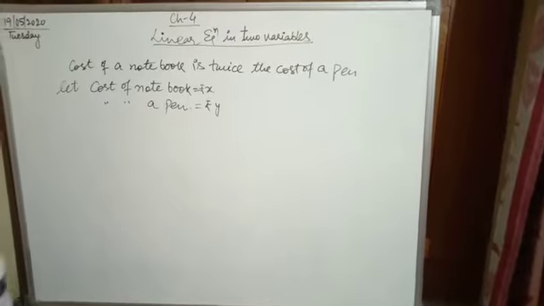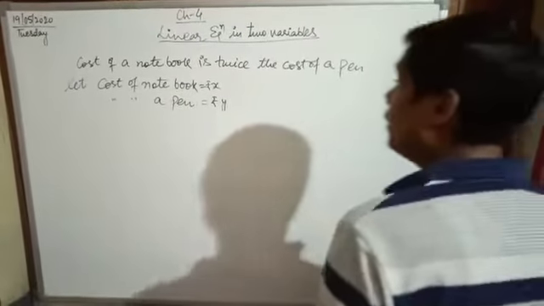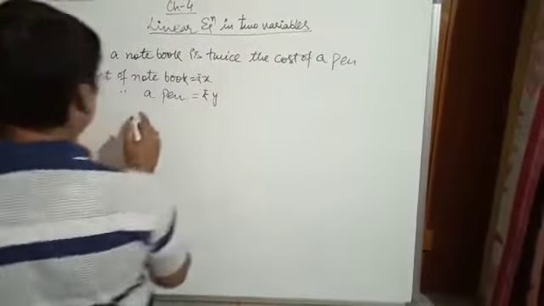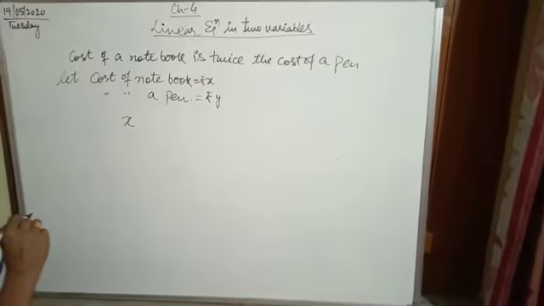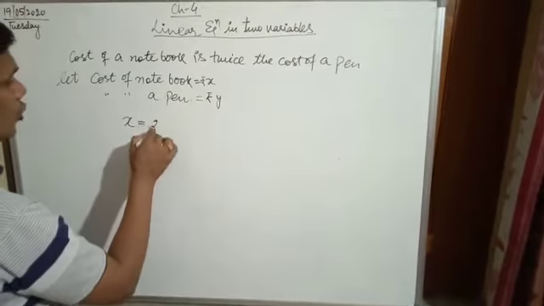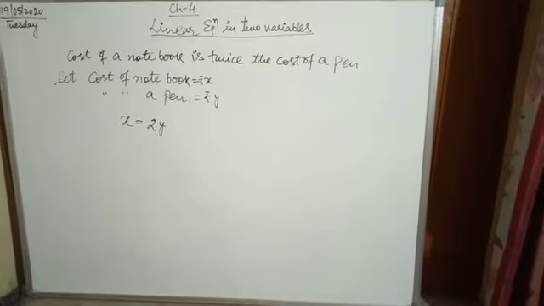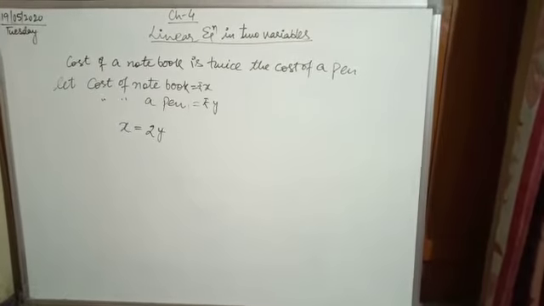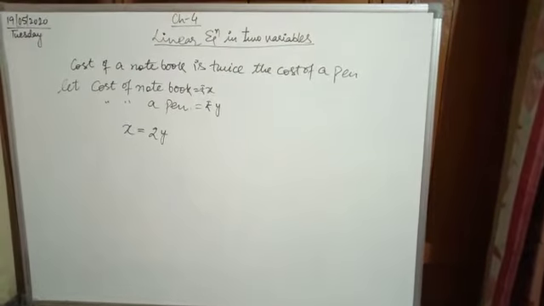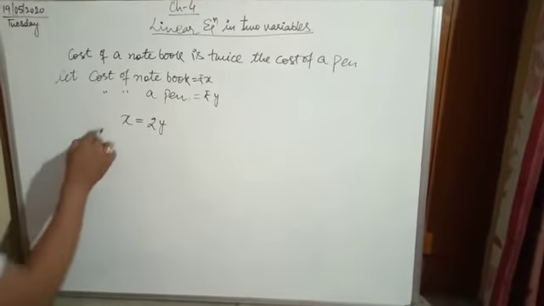Cost of a notebook is rupees x and the cost of a pen is rupees y. The cost of a notebook, that means x, is twice the cost of a pen, which means we can write x is equal to 2y, which verifies the statement in linear form.